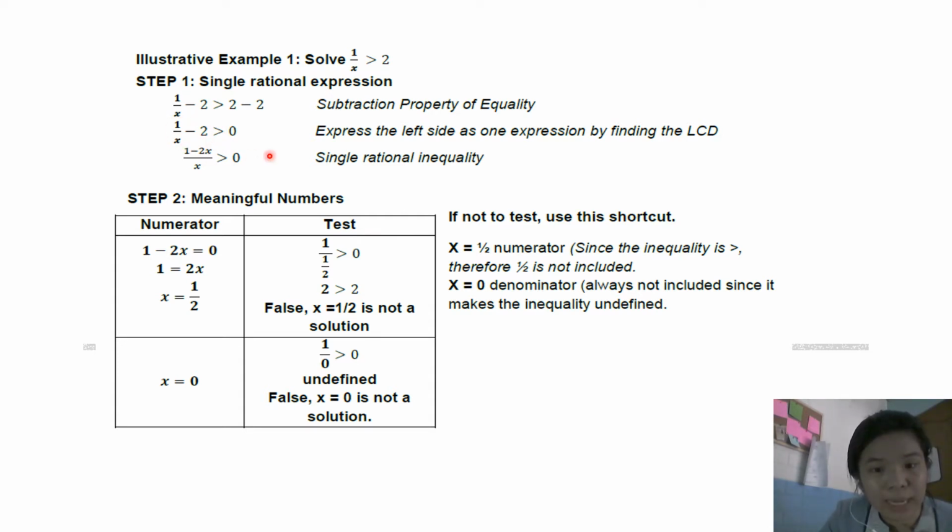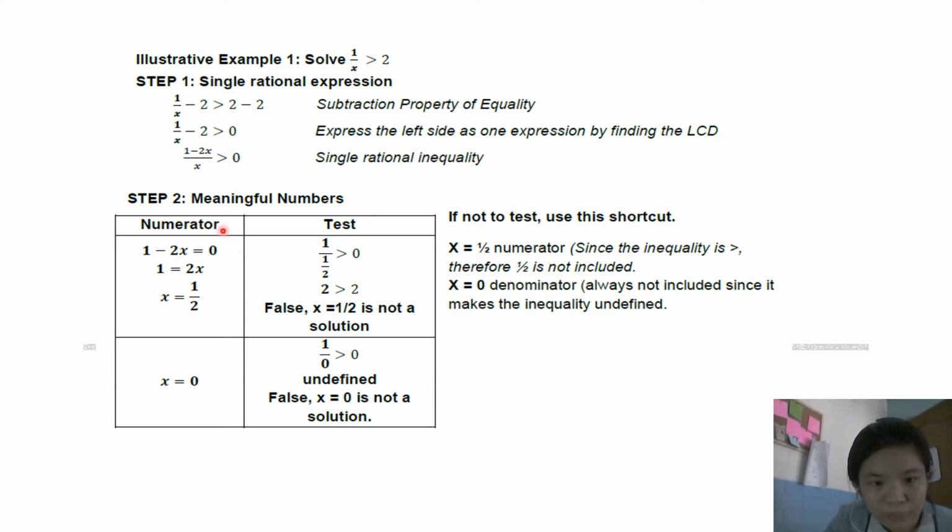Get the LCD. So, the LCD of 1 over x and 2 is x. So, x divided by x is 1 times 1, that's 1. Minus, so x divided by 1 because the denominator of 2 is 1, that is still x times 2, that's 2x. So, 1 minus 2x over x is greater than 0. So, that's the single rational inequality. Step 2 na tayo, critical numbers.